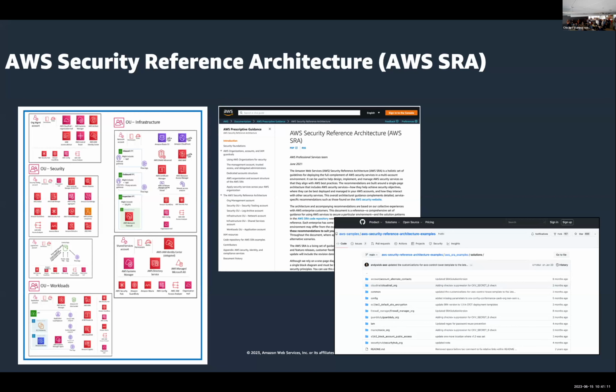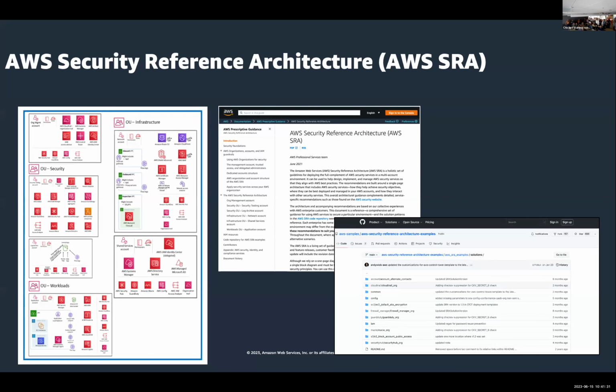The accompanying architecture and recommendations are based on our real-world experience with certain enterprise customers that we started off the solution with, until we open sourced it at some point. It's written down in a document published in AWS Prescriptive Guidance, which I'm going to share the URL for later on.